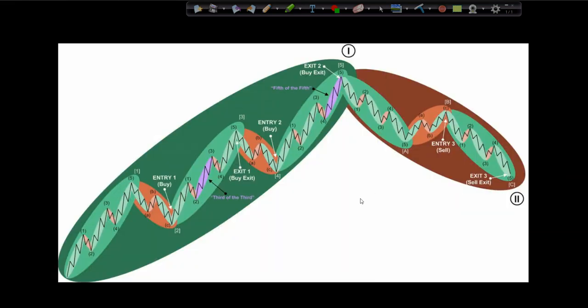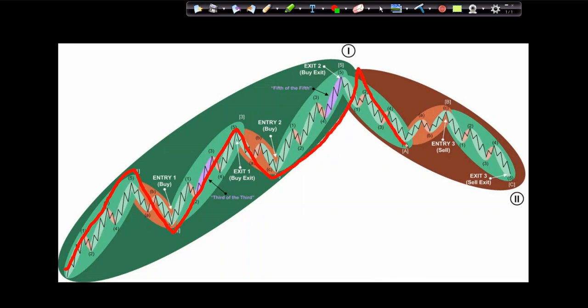If we look at Elliott wave, we can see that a big up move is a 5-wave move, and it has a correction of an A, B, and C. This is called the zigzag. The A, the B, and the C. That's the correction of that up move.